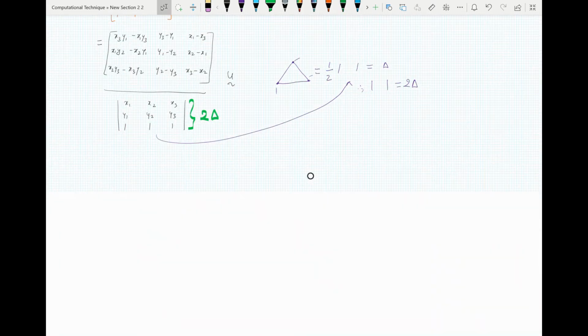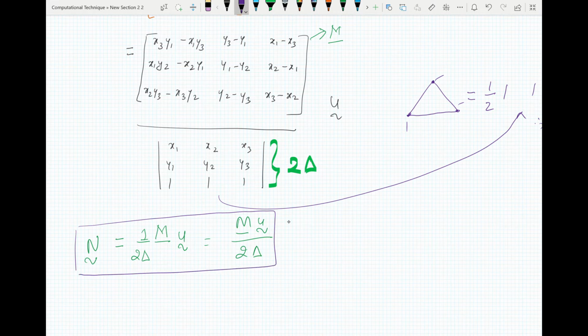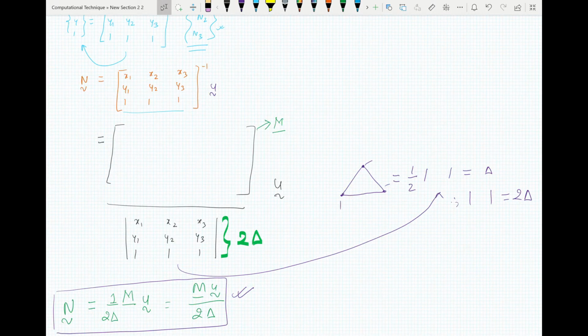Therefore, let's say this is matrix M. So we'll have matrix M times 1 by 2 delta times the U vector. This is our shape function for the degrees of freedom for the 2D plate element. Now let's find the inverse matrix. This M matrix will be the adjoint of this matrix here.